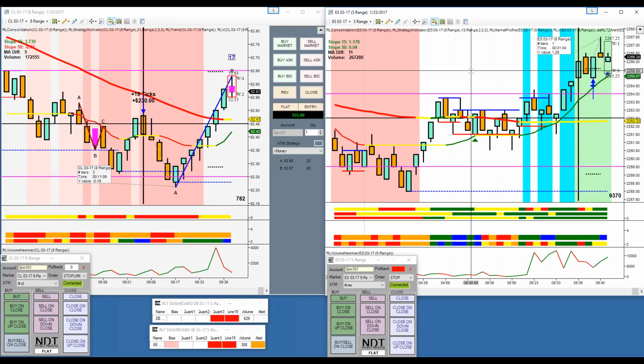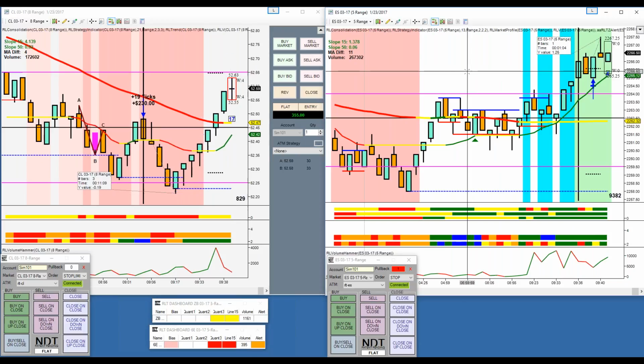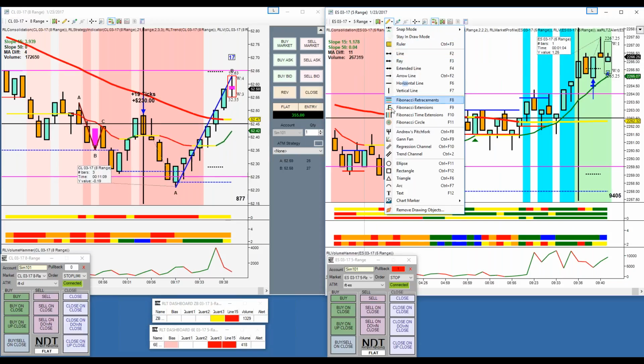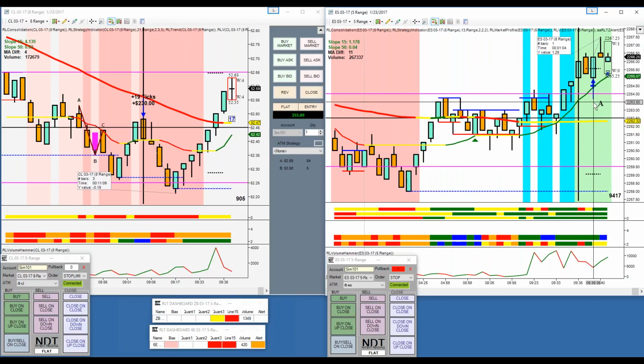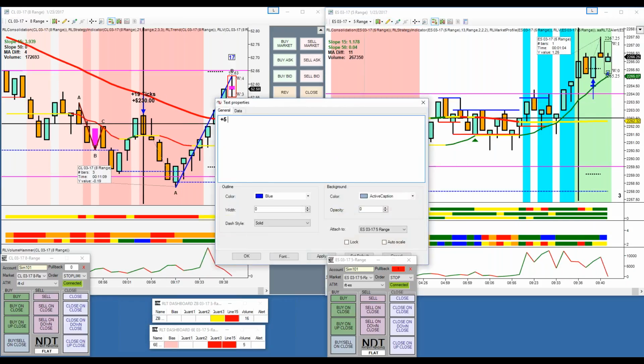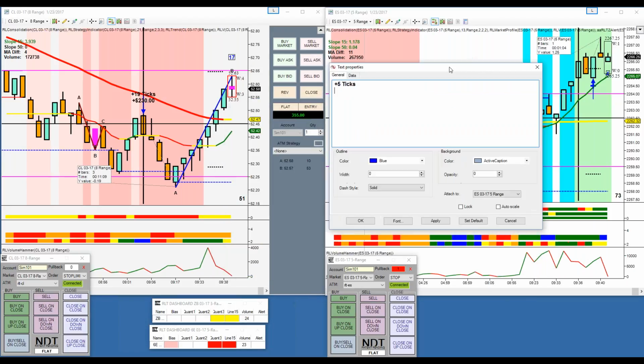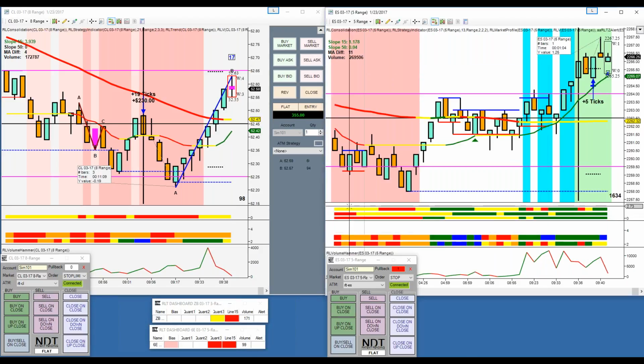Five ticks. If you're on the algorithmic system, you got that trade.